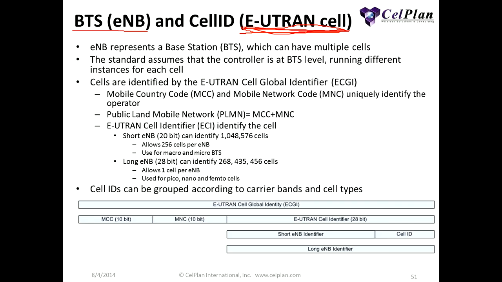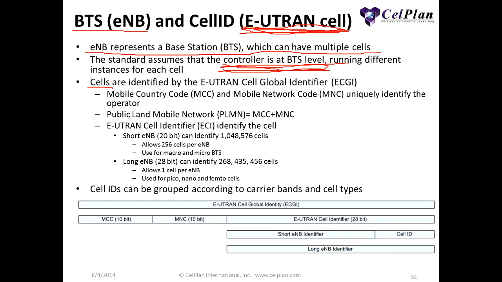So just for us to understand, ENB represents base stations, which can have multiple cells. Sometimes the standard speaks about the ENB doing a certain processing; yes, it can be done at the ENB level, but it applies to a specific cell. So cells are different entities.